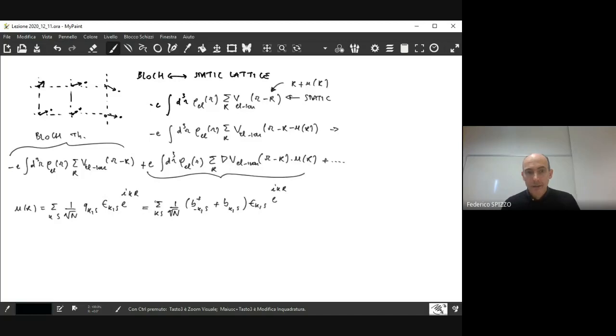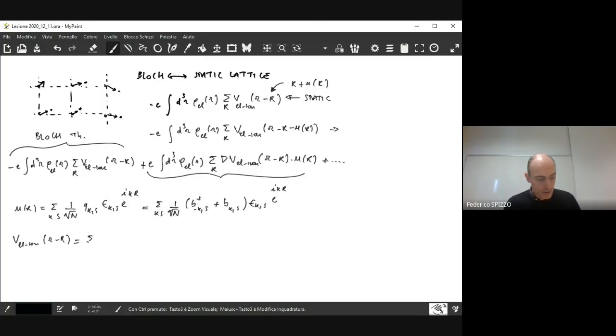As this expression starts from a representation in the Fourier space of the displacement, what is done is to write all the other terms using the Fourier representation. So also the electron-ion interaction potential may be written in terms of the Fourier transform of that.